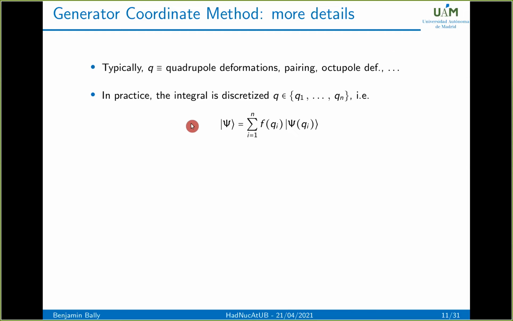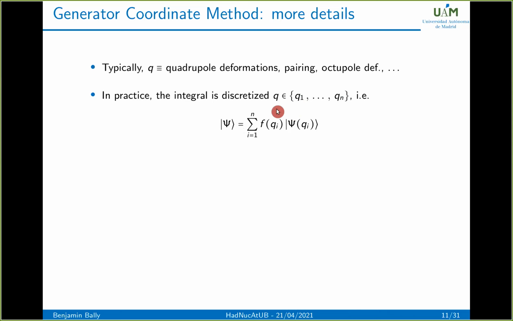Another interesting thing is that in practice, because we solve all of those equations numerically, we discretize the generator coordinate. That is, instead of taking real continuous variables, we take discrete values for the Q, or for the set of variables.